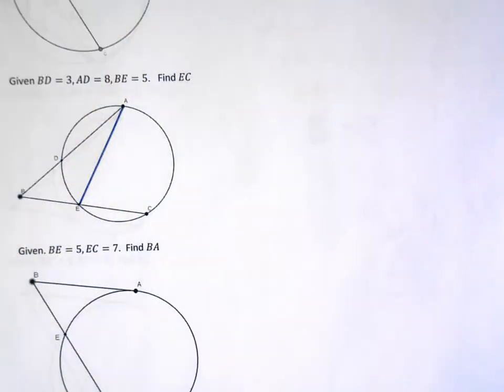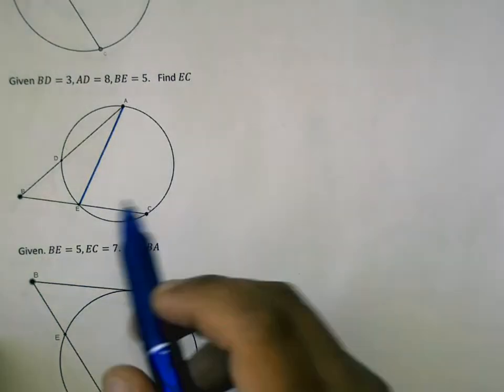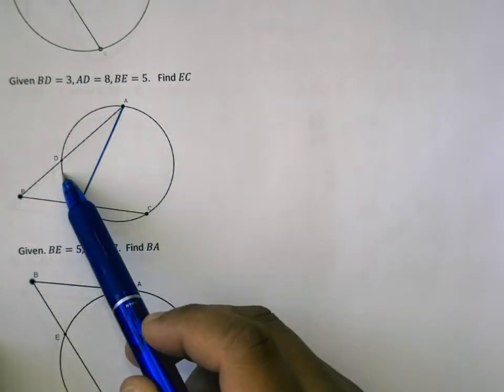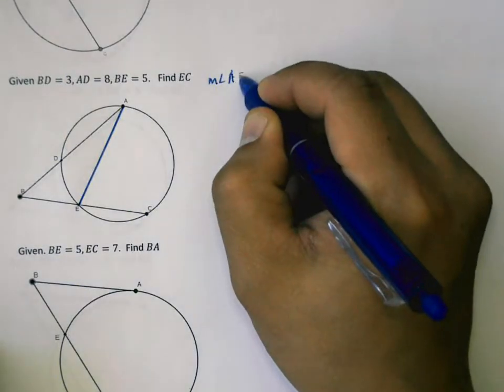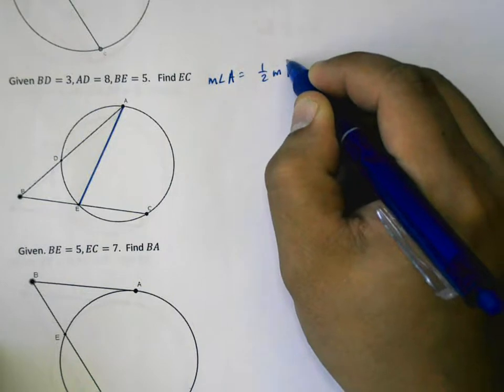work. So if I draw that line in there, one thing that is clear in this picture is that angle A is 1/2 of arc DE. I'm not going to write down all the reasons this time, just to speed things up a little bit.